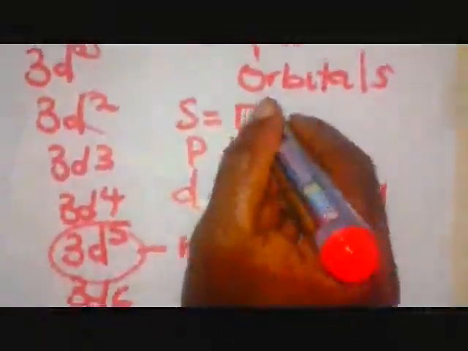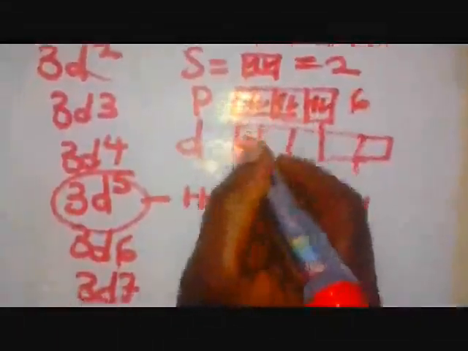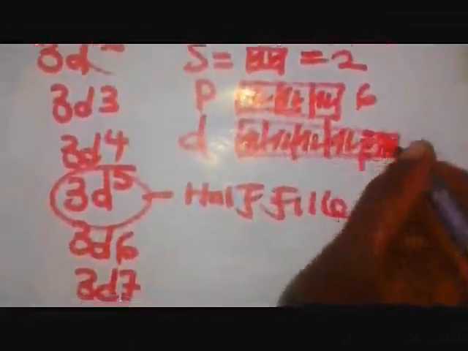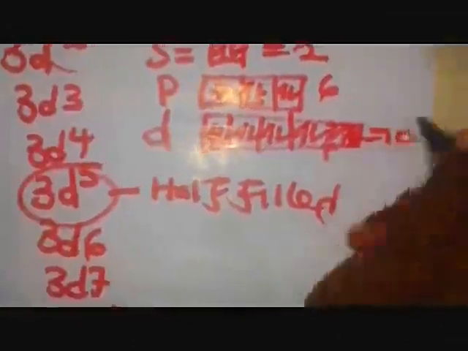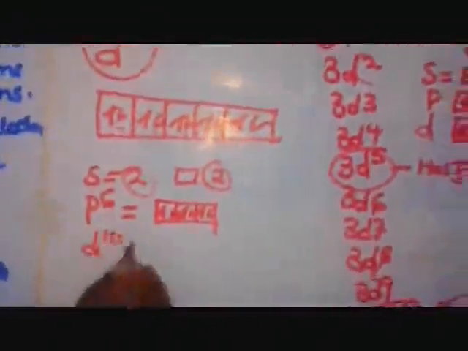So here you put 2 electrons, there you put 6, and for this one each box gets 2 also, so there you obtain 10 electrons. When I talk about s, just know I put 2, for p 6, for d 10. For f, which we are not going to look at, it accommodates 14, which implies there are 7 orbitals, 7 boxes.